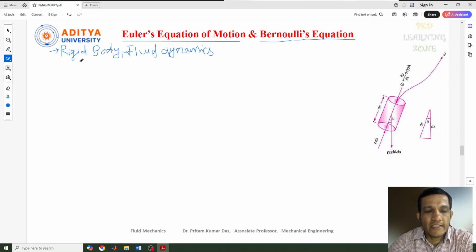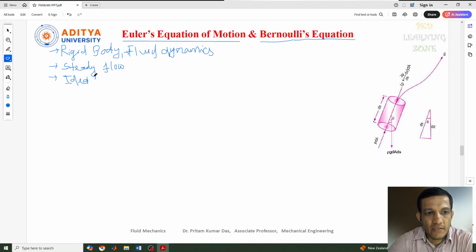Now the next thing is that Euler's equation will be considered for a steady flow. Steady flow, we have already seen in the previous lectures among the different types of flows. It is described as steady flow when the velocity with respect to time is 0. And next, it should be considered for an ideal flow.